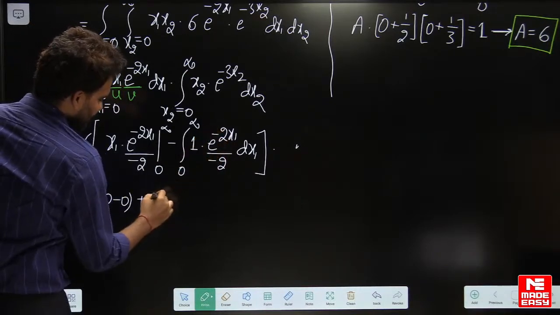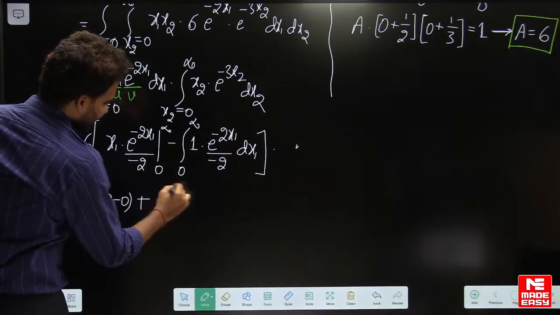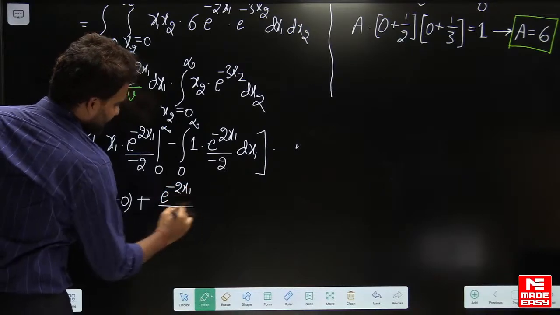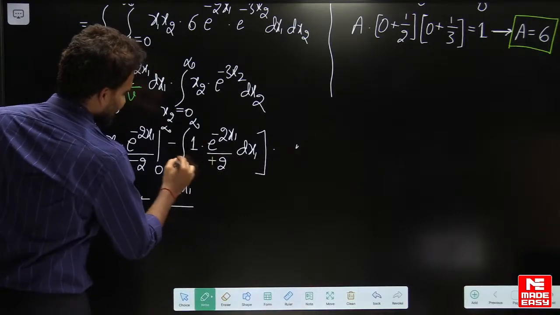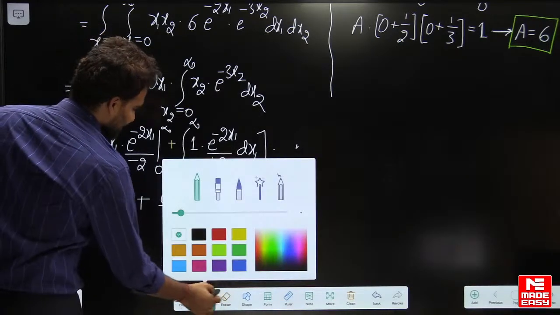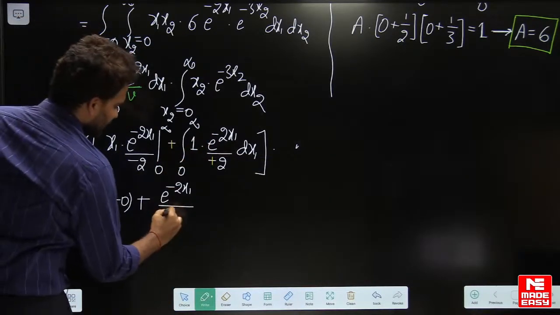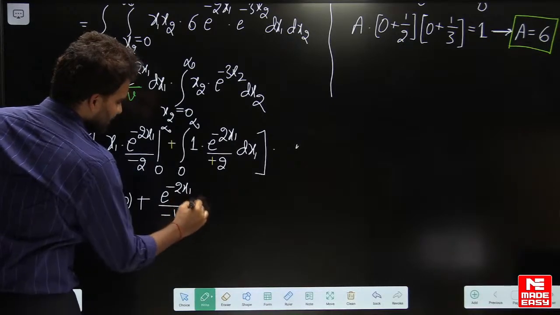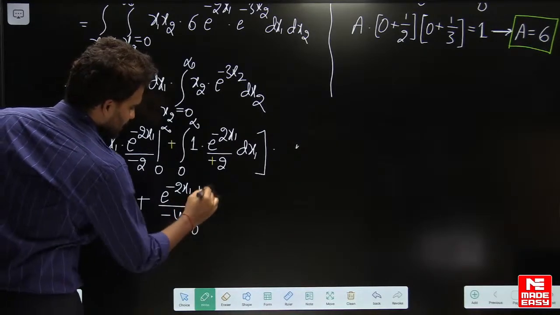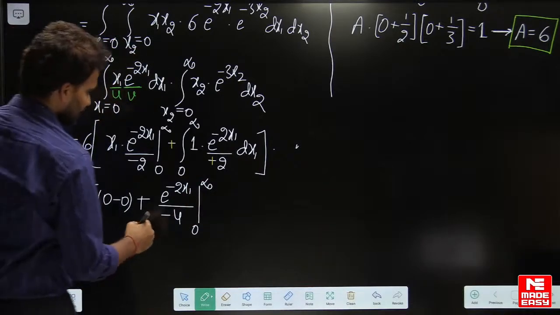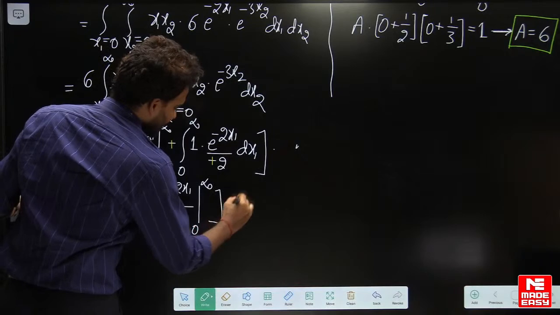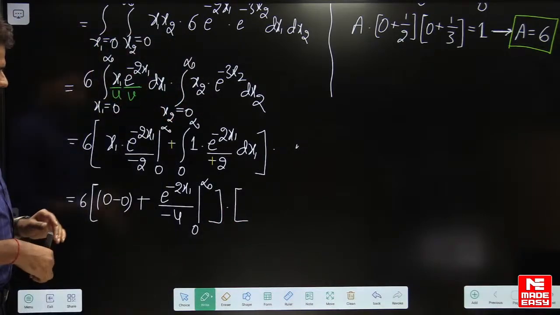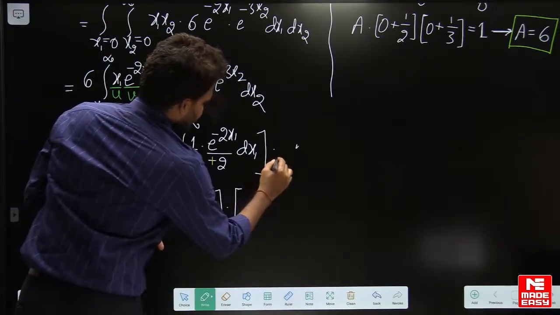And what is the integration? This minus minus plus here, and minus 2x1 by, so this is minus 4 you will get, and limits will be 0 to infinity. And this is what you're going to get.